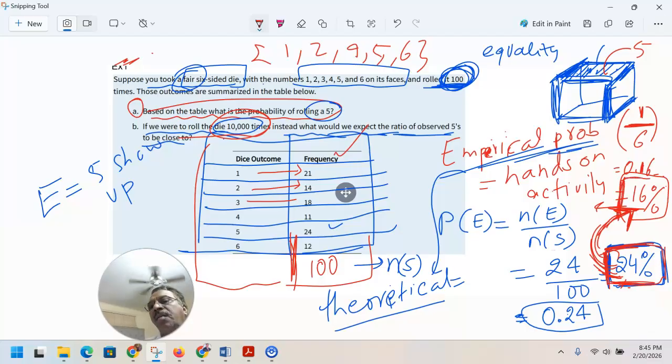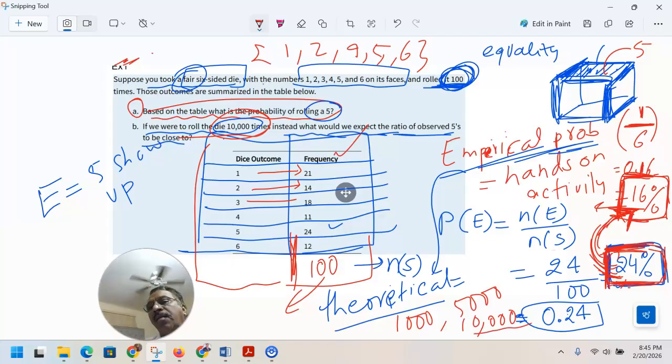Theoretical is where we use our common sense and reasoning and say okay, 16%, but actually it is 24% if you do it 100 times. But the more you do, like 1,000 times, maybe 5,000 times, and maybe 10,000, it has really been done, and they have seen that the 24% you get here almost becomes equal to 16%.